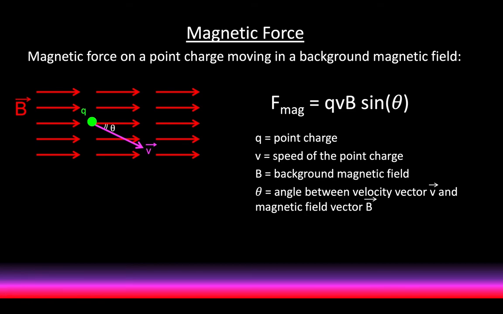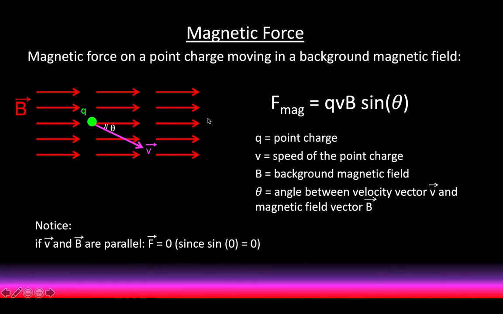And theta is the angle between the direction of motion, which is always the same as the direction of velocity, and the direction the magnetic field points. As I said, the magnetic field points to the right, and the direction of motion is down and to the right. So the strength of the magnetic force is going to be affected by this.